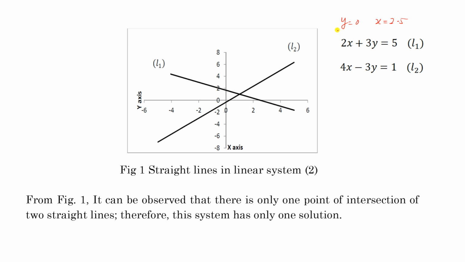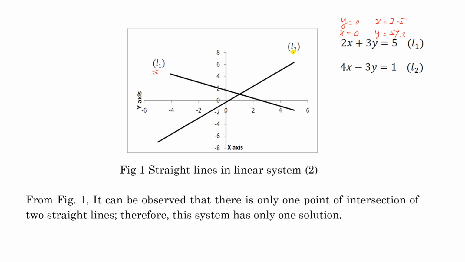Y-axis means at that point x equal to 0. So if you put x equal to 0, y equal to 5 by 3. Just look at these 2 points: x equal to 2.5 and y equal to 0, and x equal to 0 and y equal to 5 by 3. Just draw a line joining these 2 points, you will get L1.